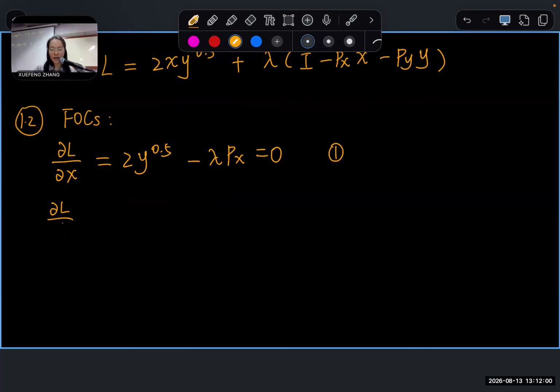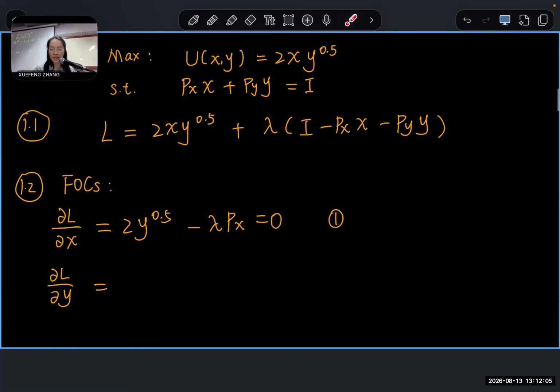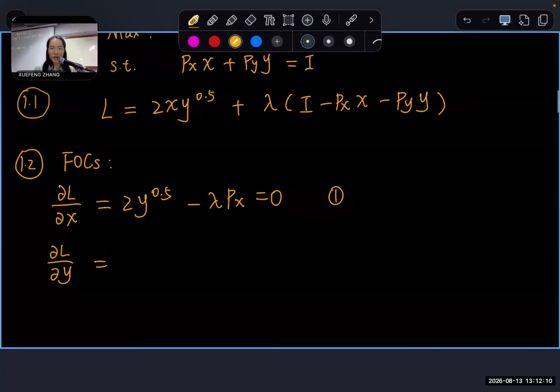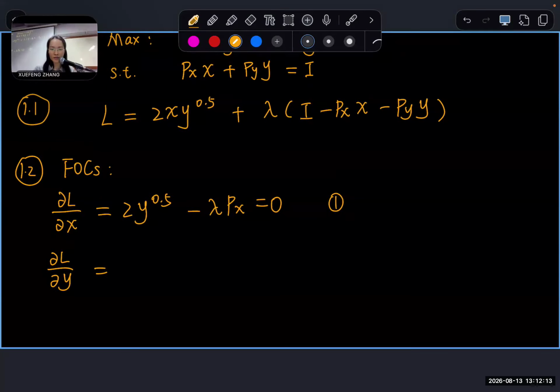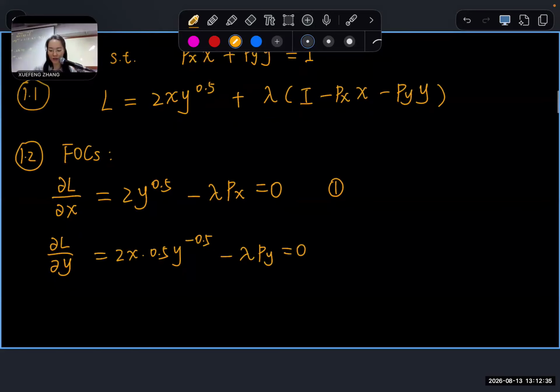Second one, ∂L over ∂y. This utility function is easy, right? It's not complicated like what we did for the lecture. So ∂L over ∂y, which is 2x times 0.5 y power negative 0.5. Y is negative, you need to use the power rule, minus lambda py equals 0.